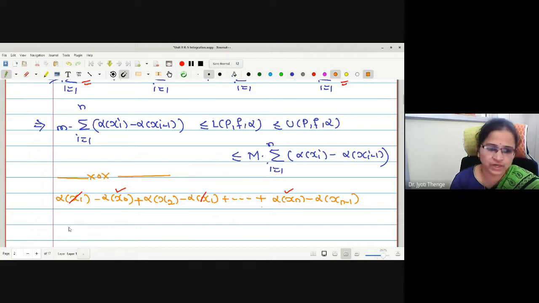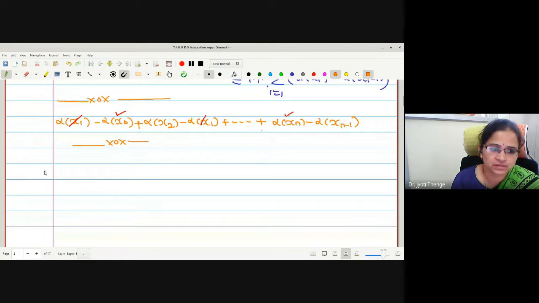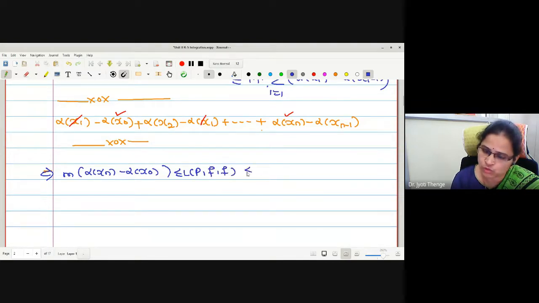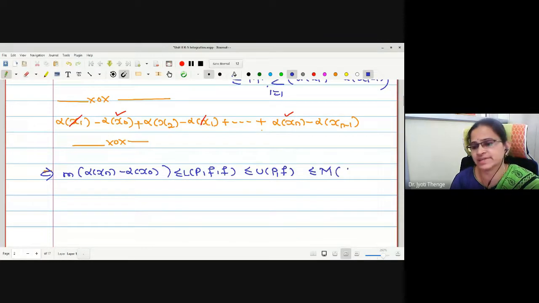Therefore, I am going to write it directly. Small m times (alpha xn minus alpha x naught) is less than or equal to the lower sum, which is less than or equal to the upper sum, which is less than or equal to the same thing on the right side as well. But what is alpha xn?